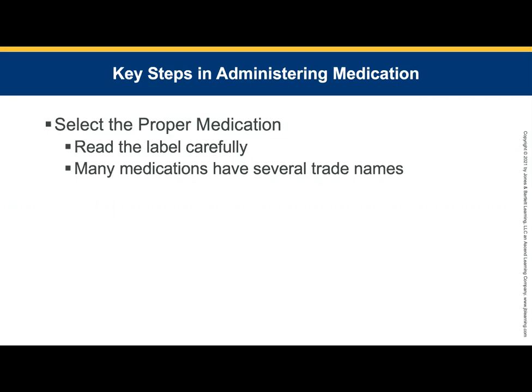Medications are going to have several trade names. They're called multiple different names. Matter of fact, I'll tell you one that I saw today that I carry out here. It is Metaproxen.